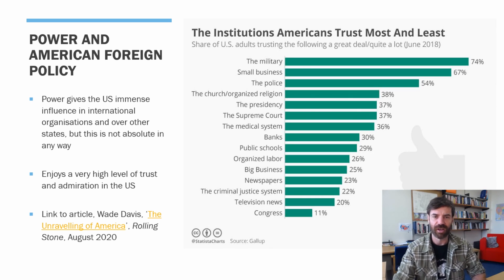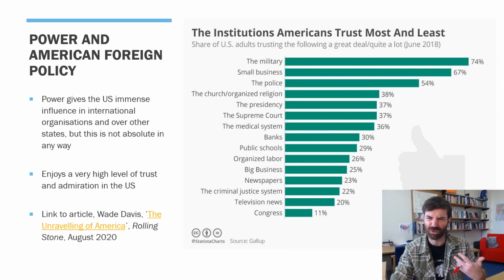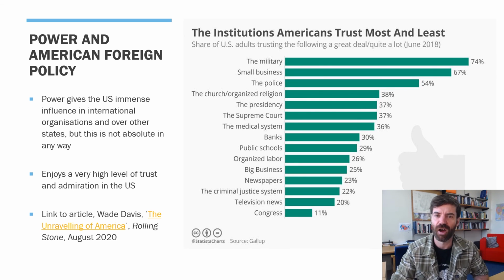There is a nice recent article in Rolling Stone magazine, which looks at this perspective, and there's a link to this on the slide here. It also talks about the unraveling of the United States and maybe the waning of the American era, as it were. So take a look at this in your own time if you're interested.